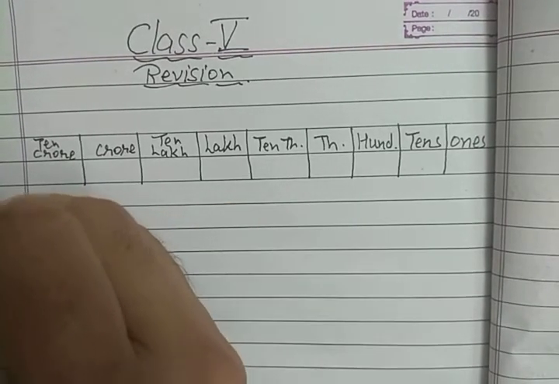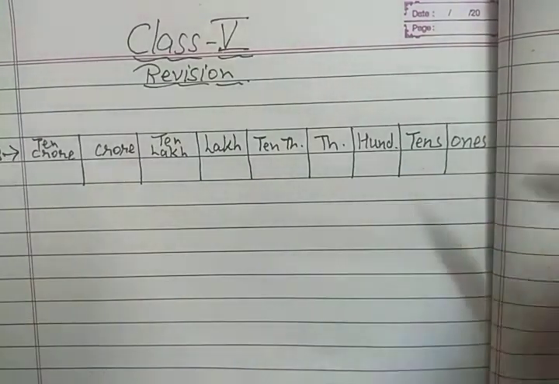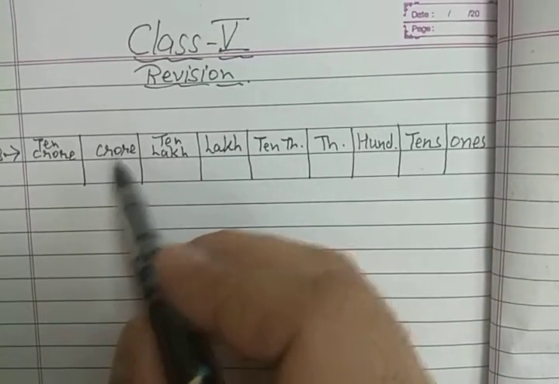So these are the places of 9-digit numbers. That is ones, tens, 100, 1000, 10,000, lakh, 10 lakh, and crore, 10 crore.